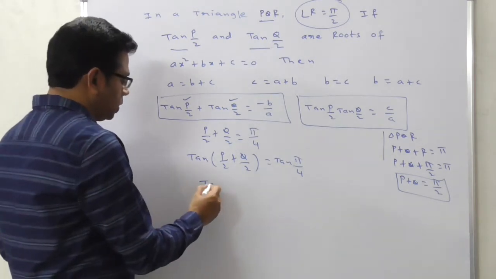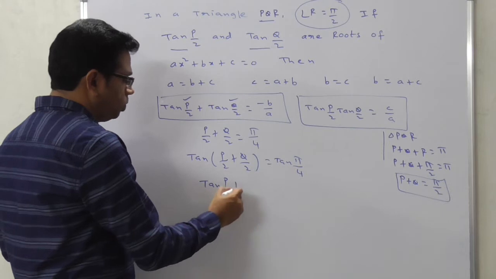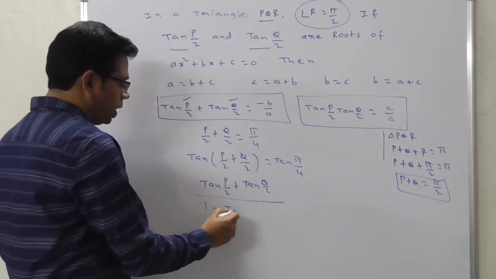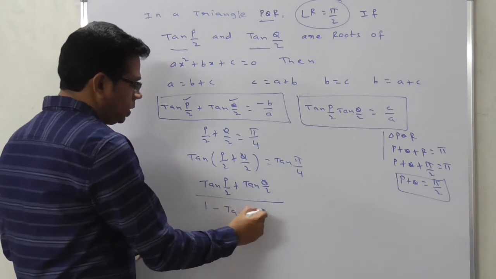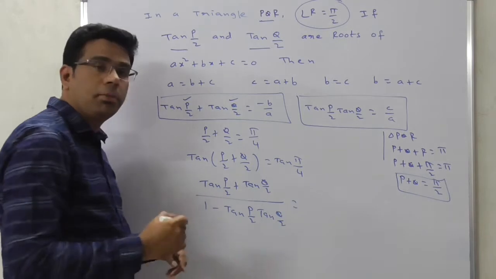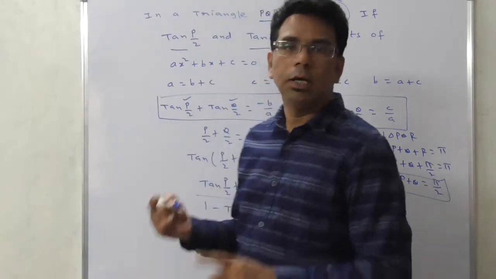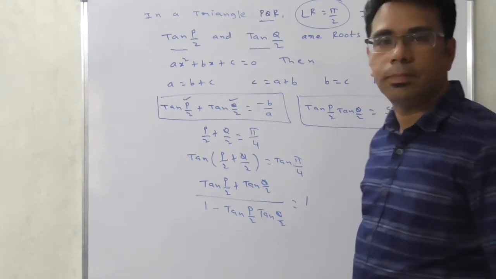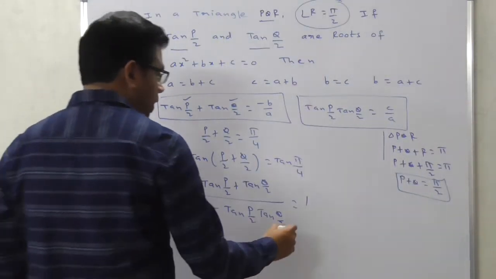Just simply substitute that. That is (tan P/2 + tan Q/2)/(1 - tan P/2 tan Q/2) = tan(pi/4). What is tan(pi/4)? Pi by 4 is 45 degrees. Tan 45 degrees value is 1. Therefore, substitute 1.